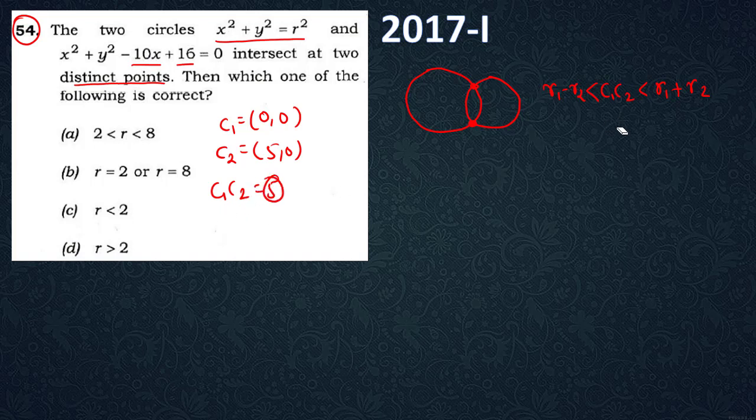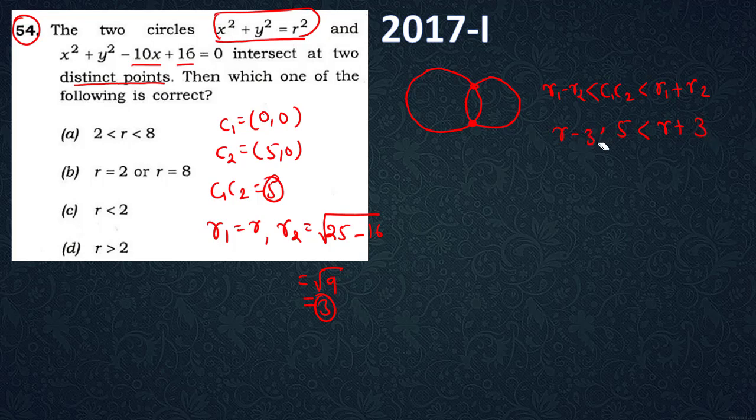What is r1 of the first circle? r1 is r, and r2 of the second circle is root of g square which is 25 minus f which is 16, equals root of 9 which is equals to 3. So r1 is r and r2 is 3. So substitute, it is r minus 3 less than 5 less than r plus 3.